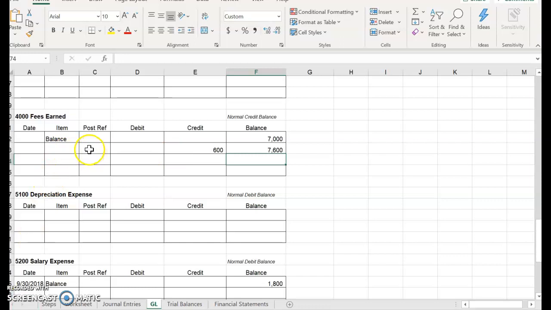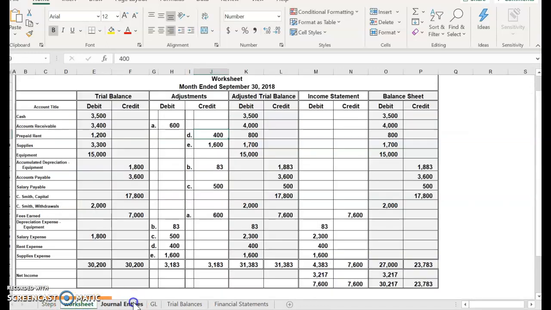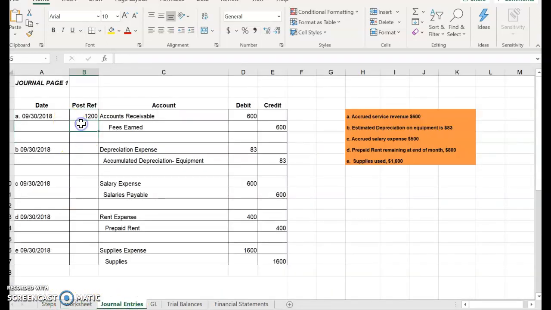This came from journal entry page 1, and it's account 4000. So this journal entry went to account 4000.